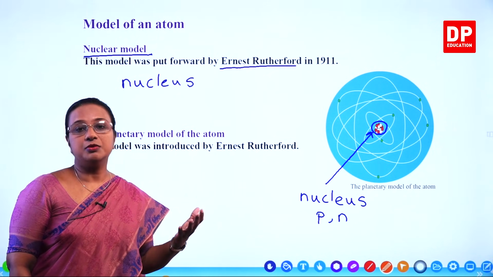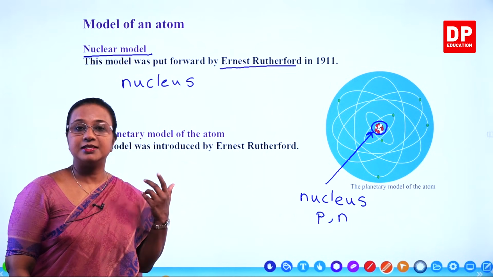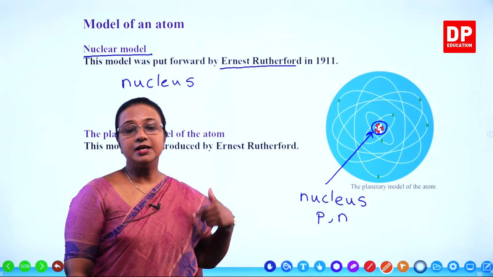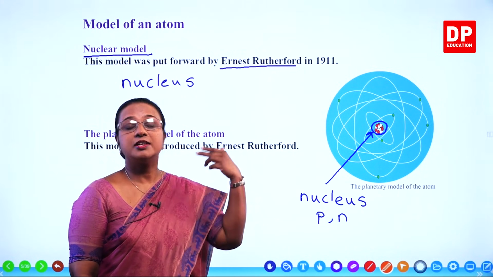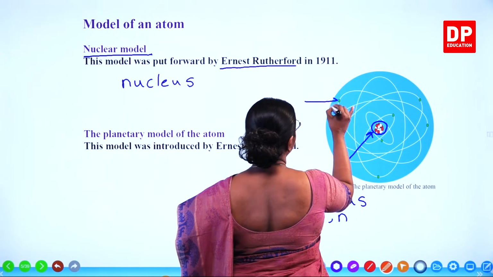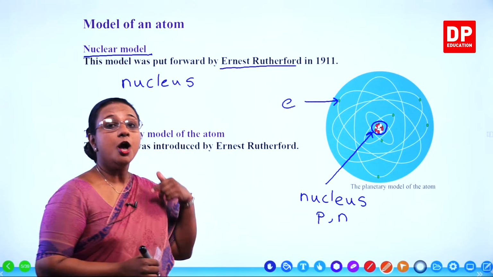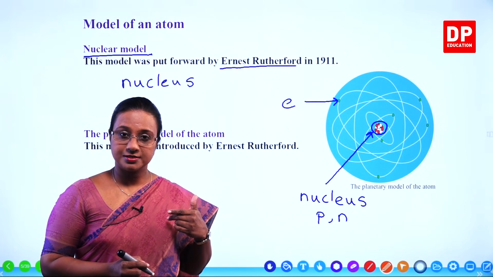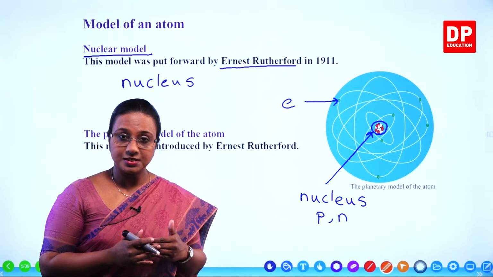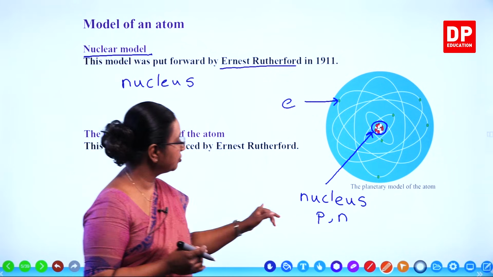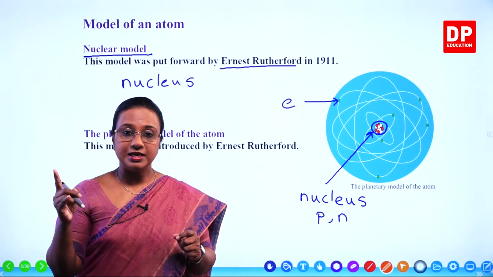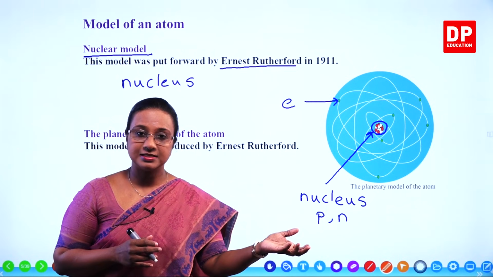And around this nucleus, all the electrons, that's the third type of subatomic particle, go around in a circular motion or a certain path. Here you can see in this diagram, these are electrons which are moving around the nucleus. This model was compared with the solar system, where the sun is similar to the nucleus and the electrons that revolve around the nucleus are similar to the planets.